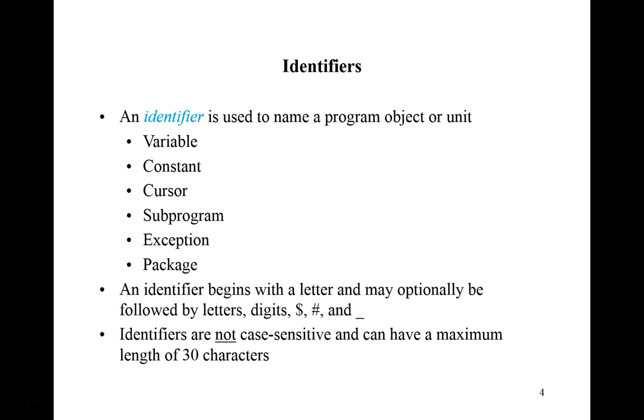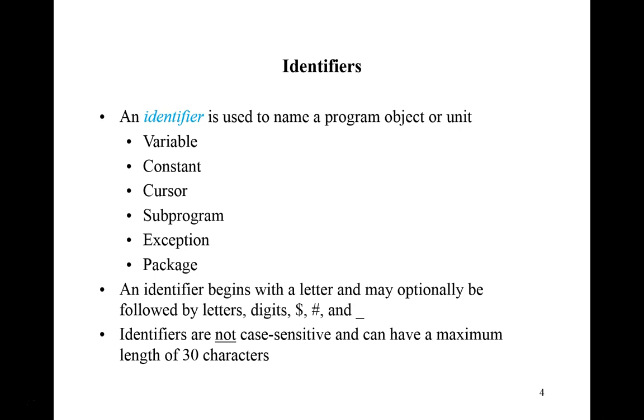It could also be used to name things within this program object, such as variables, constants, cursors, which we'll explain when we get to database I/O, subprograms, exceptions, and packages, another kind of program construct, which we'll explain a little bit more when we get into stored PL/SQL.